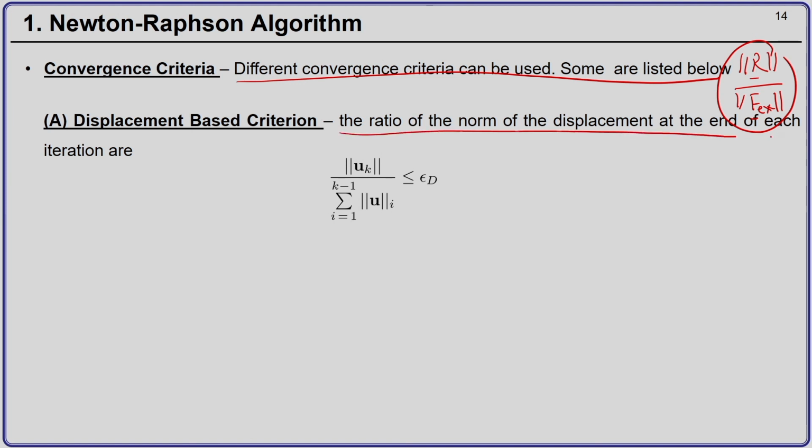Okay. In the displacement based criterion, what we do? We check that the norm of the displacement obtained in the kth step divided by the norm of the displacement obtained from all the previous Newton-Raphson iterations is less than some tolerance epsilon d. If this norm is less than epsilon d, then we say the convergence is achieved.